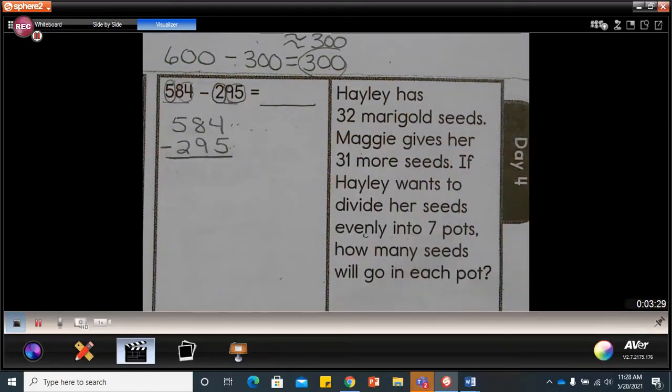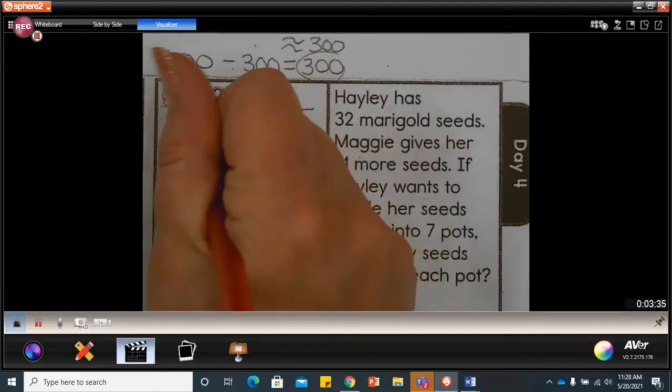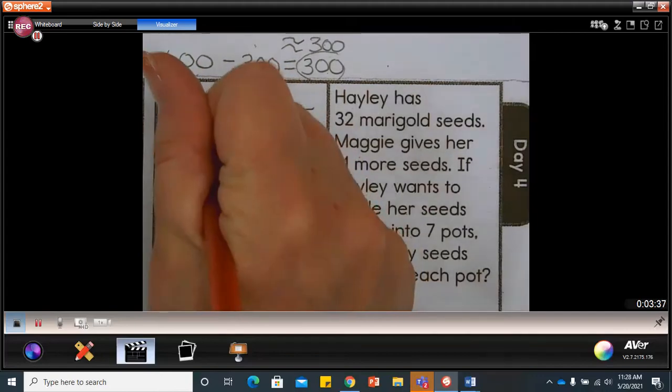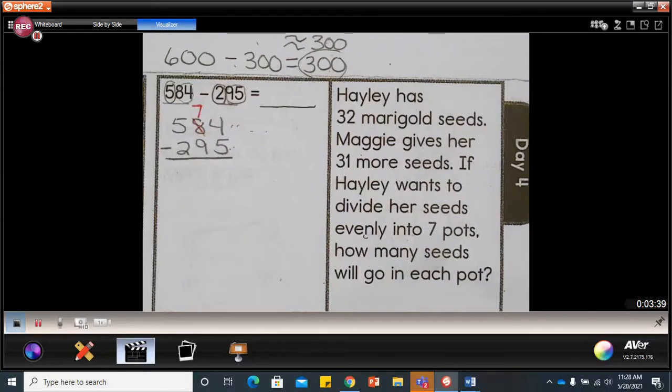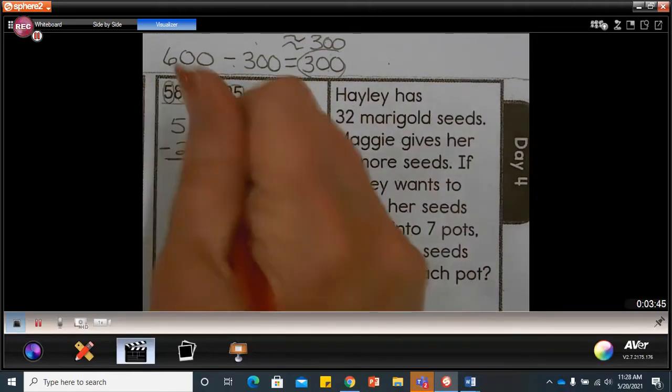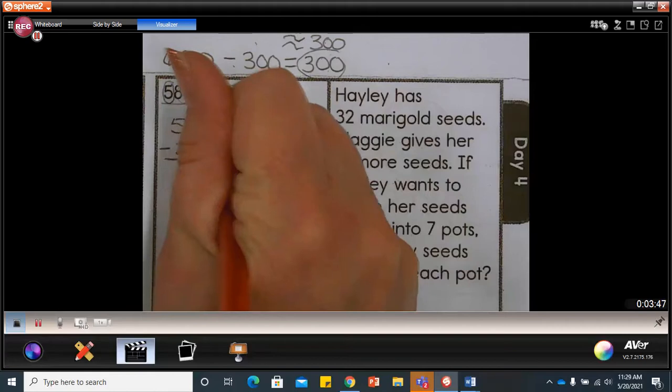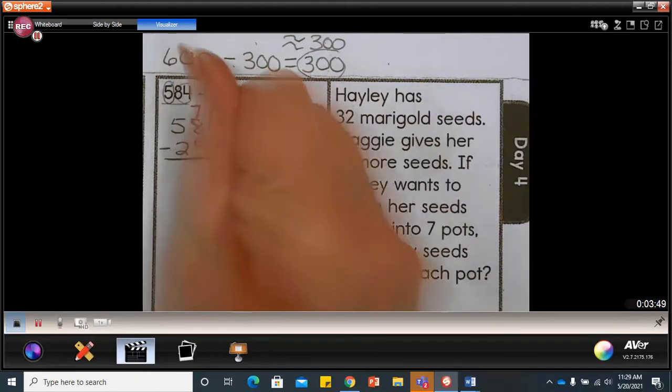That tells me I need to come to the tens place and borrow a 10 from this 80 and make this 70. So now I have 7 tens, and I'm going to take that 10 that I just borrowed and add it to the 4 to make this 14.